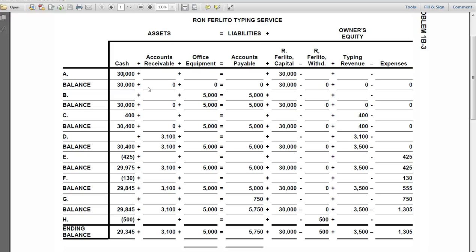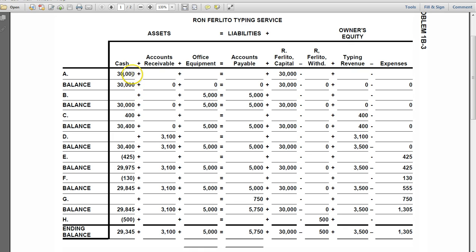And we're talking on page 35, problem 1B3, which is a model for 1A3, which of course is one of your assignments. So you grab your book, you go down to 1B3, and it starts off with a new investment of $30,000.